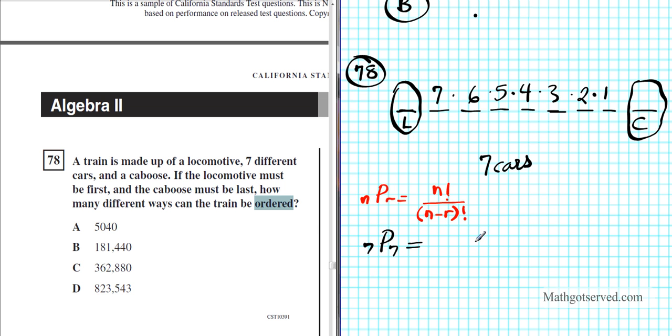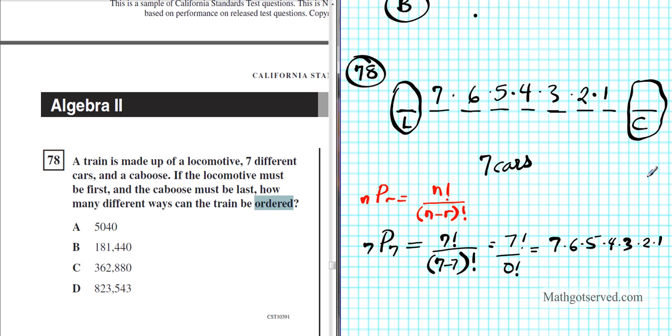So here we're going to have 7 factorial over 7 minus 7 factorial, which is 7 factorial over 0 factorial, which is 7 times 6 times 5, 4, 3, 2, 1. 0 factorial is just 1, so we just forget about it. So you see that this is in fact our answer.